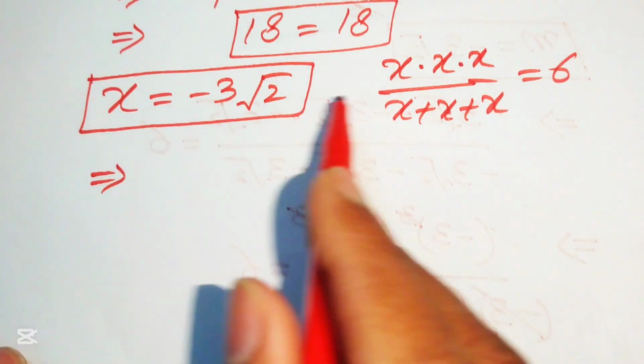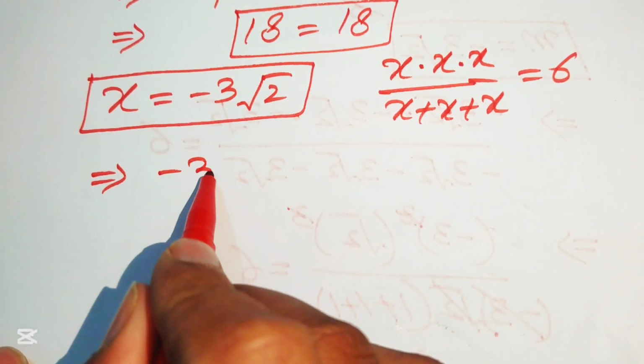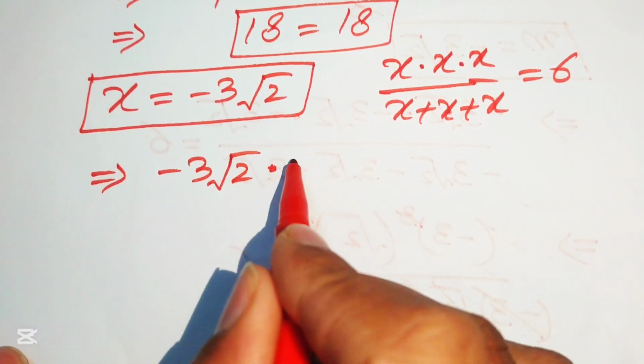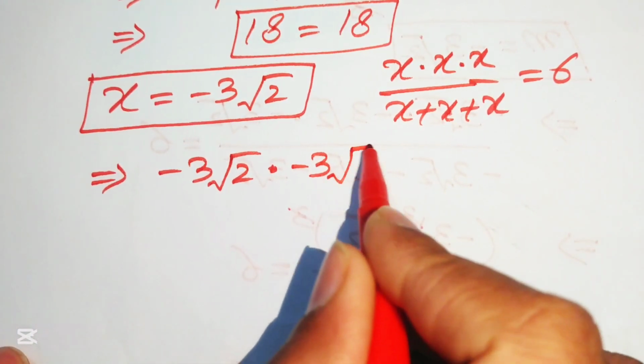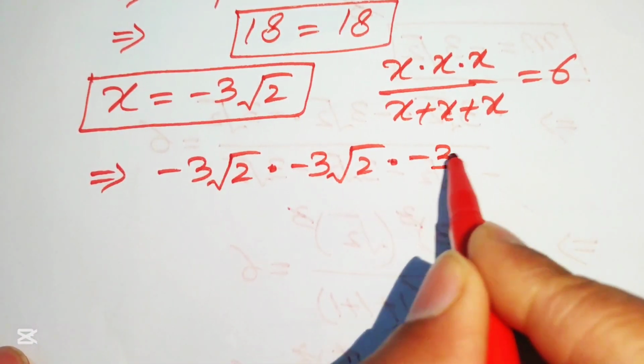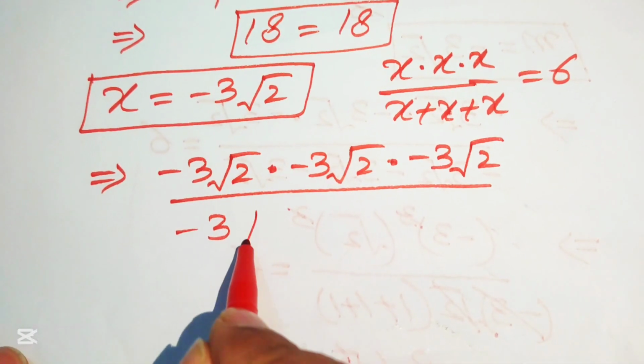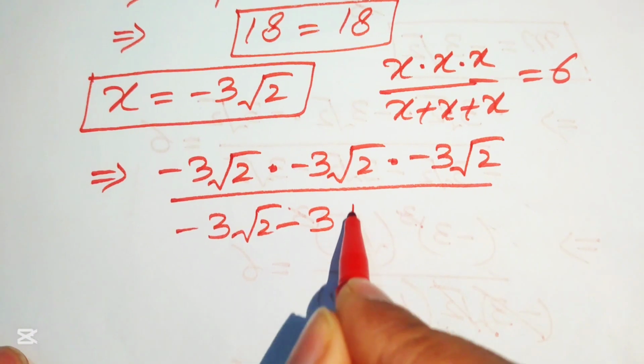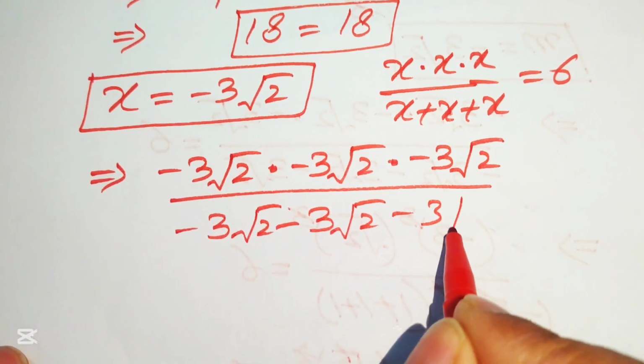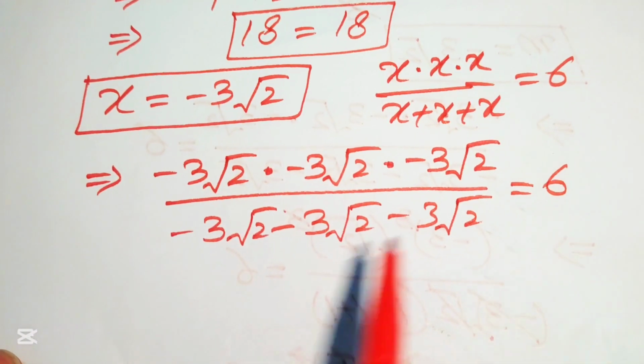So we substitute this value of x and it will be written as minus 3 into square root of 2 multiplied by minus 3 into square root of 2 multiplied by minus 3 into square root of 2, and it is divided by minus 3 into square root of 2 minus 3 into square root of 2 minus 3 into square root of 2 equals 6.